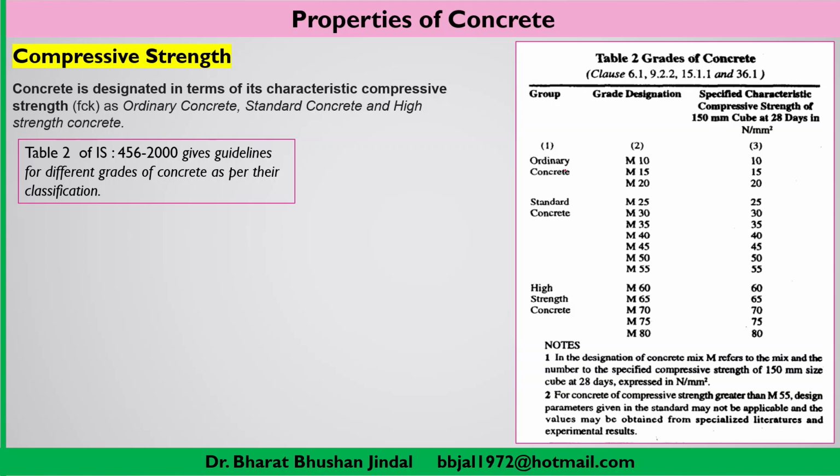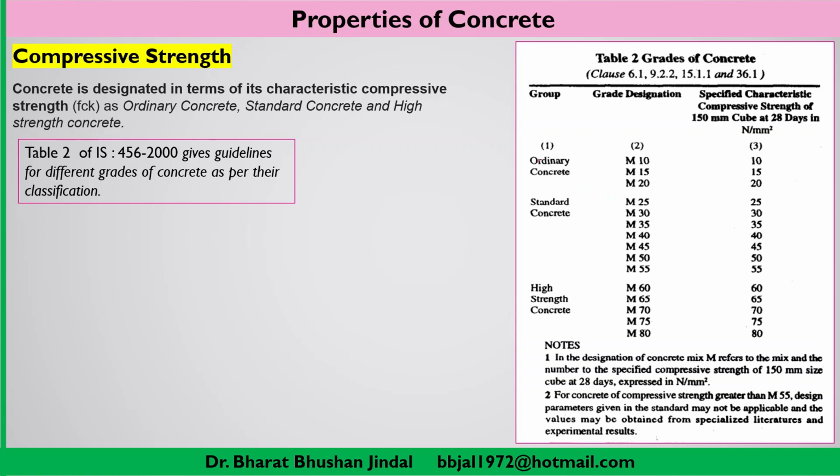In the first column, group, that means concrete is divided into some groups, then grade designation, then characteristic compressive strength of 150 mm cube size at 28 days, in Newton per mm square, more specifically as per the guideline mentioned in IS 516.